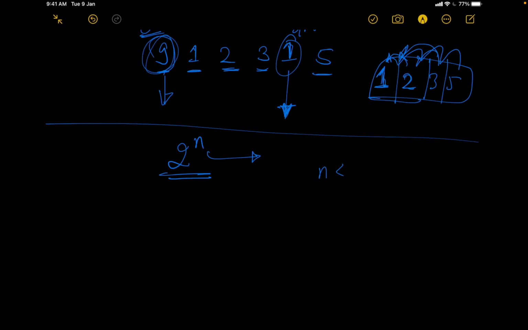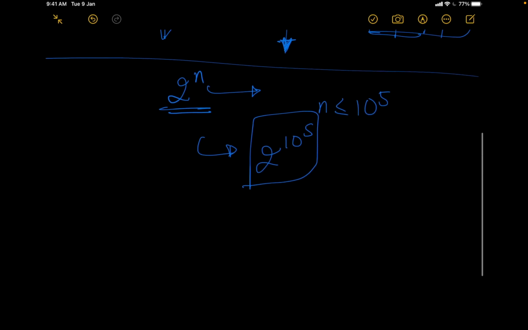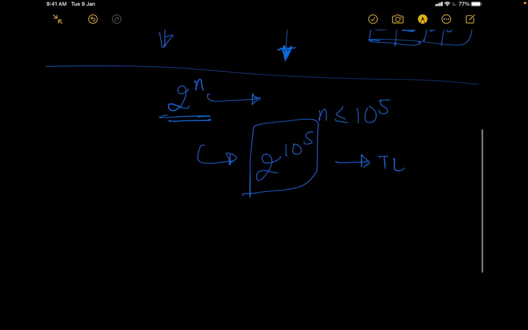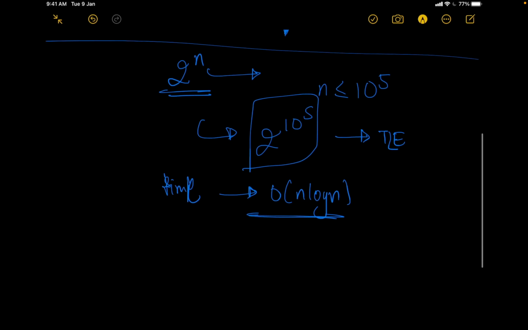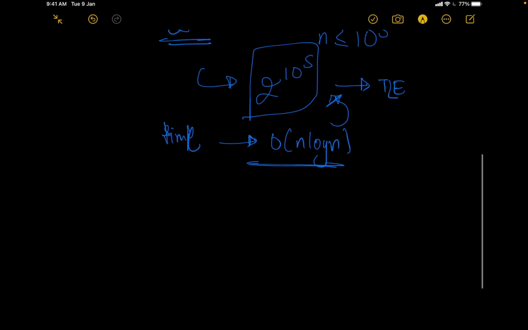For n less than or equal to 10 to the power 5 as given in the question, this would become 2 to the power 10 to the power 5, which is a very big number and definitely going to give a TLE. The time complexity they had expected us to give was order of n log n, which is nowhere close to it. So let's think of another approach.